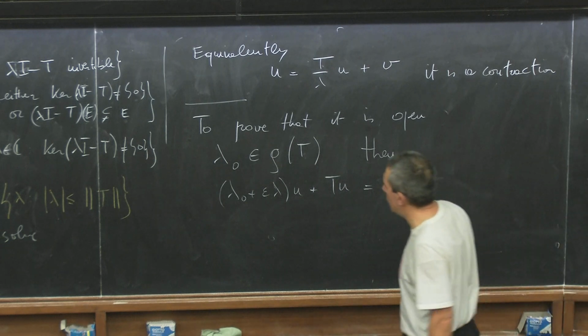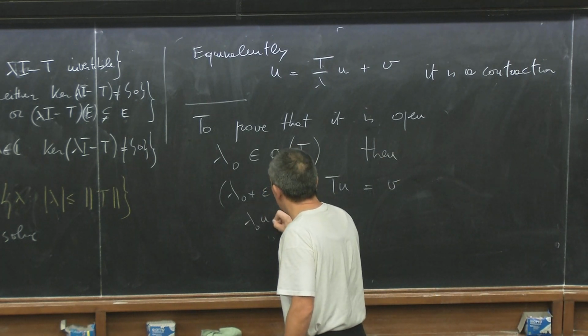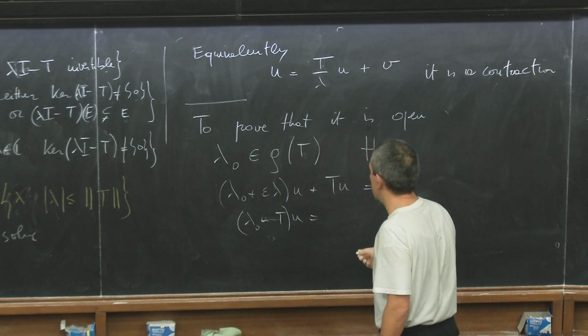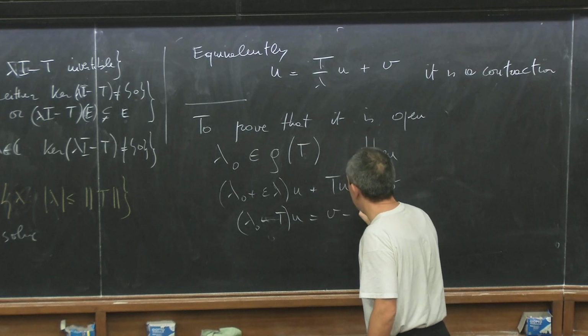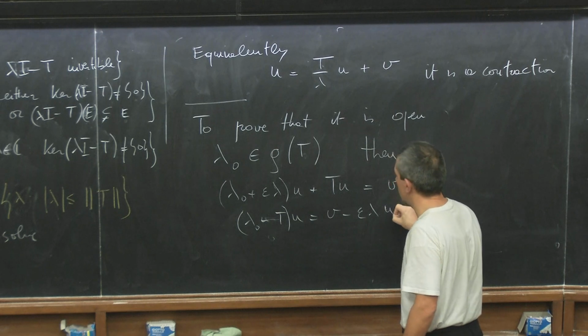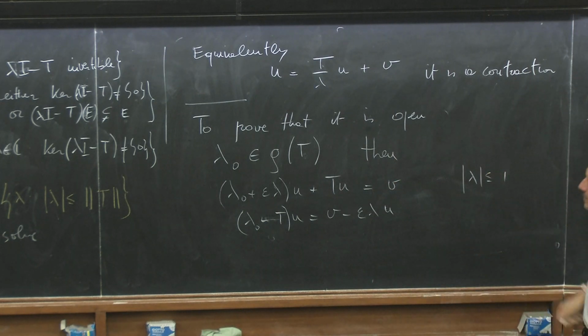I do the same, so I rewrite it as lambda 0 minus T applied to u equal to v minus epsilon lambda u, with epsilon sufficiently small and lambda less or equal than 1, just in a neighborhood.